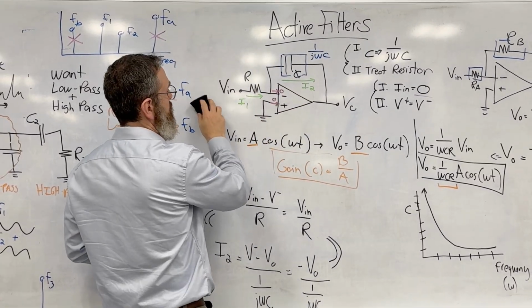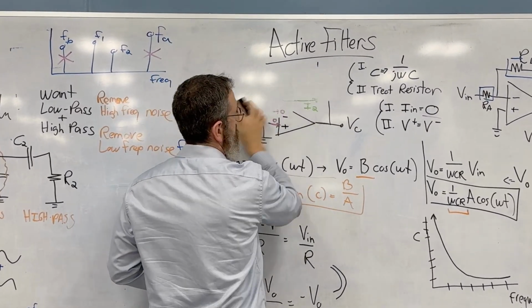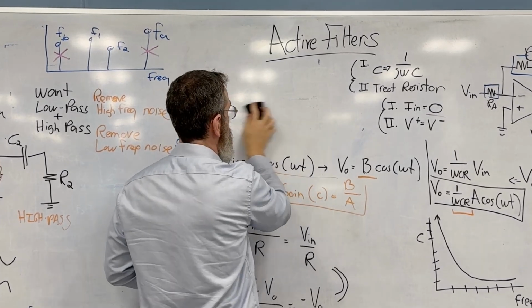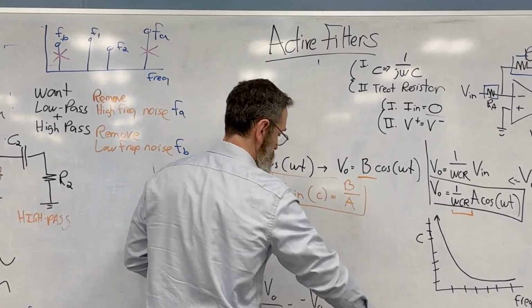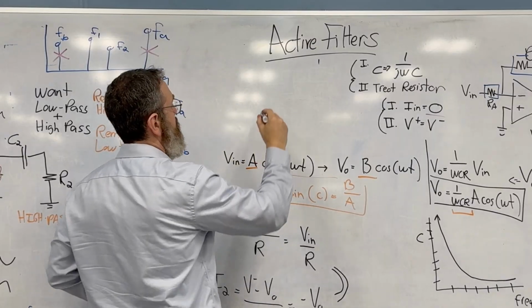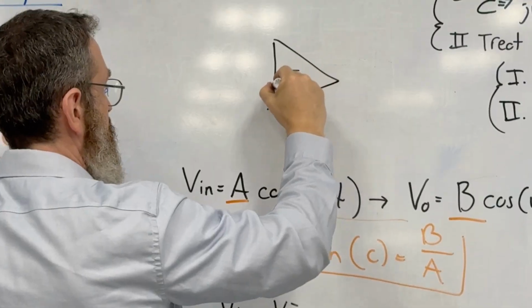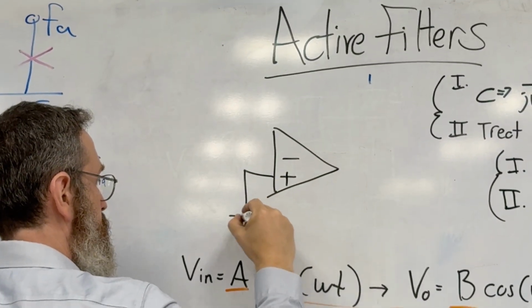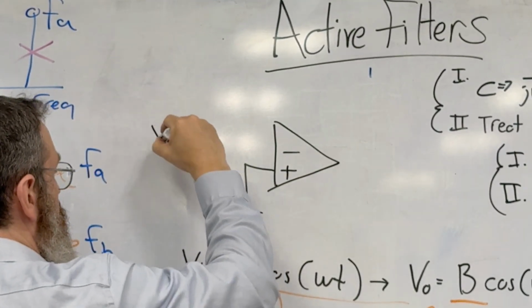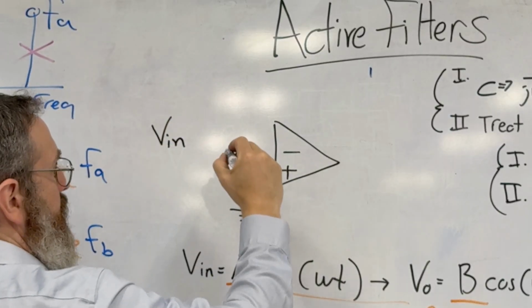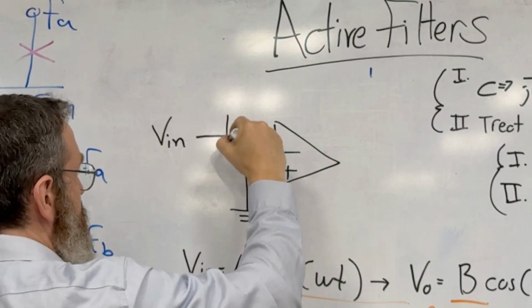Here's another circuit. I'm just going to erase it. And this one we'll do quicker. It is another amplifier, and now I'm going to put the capacitor here.